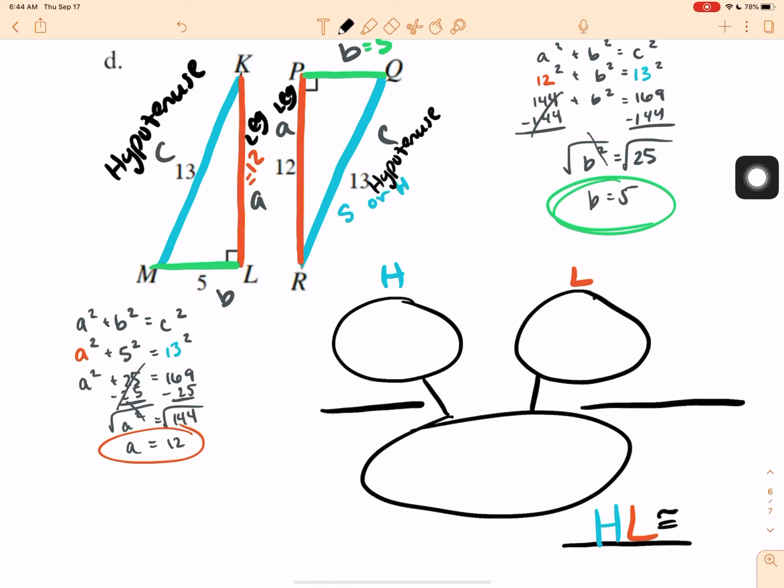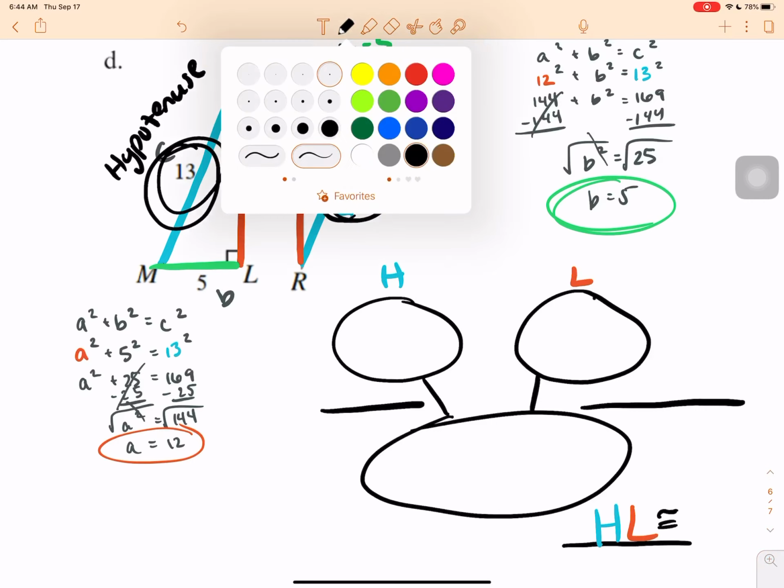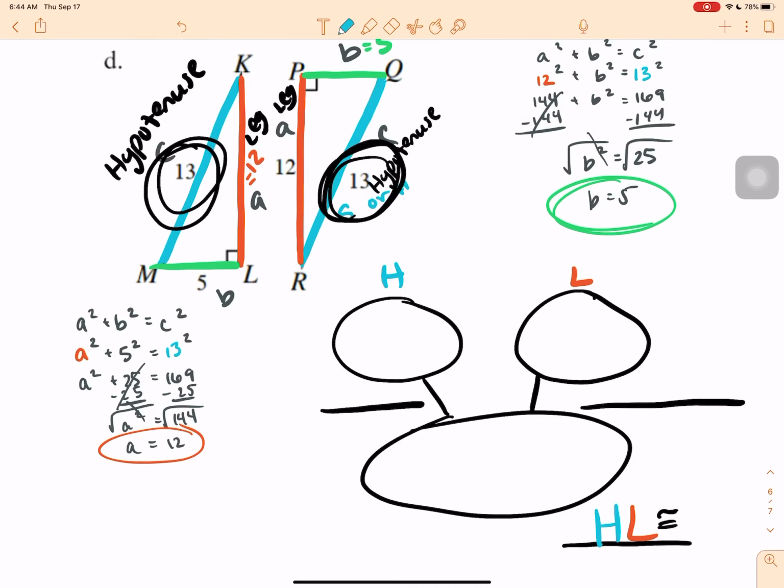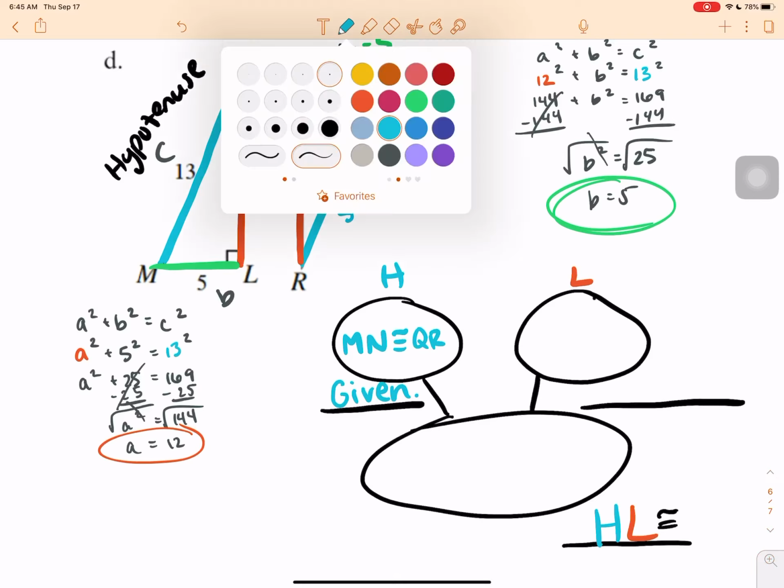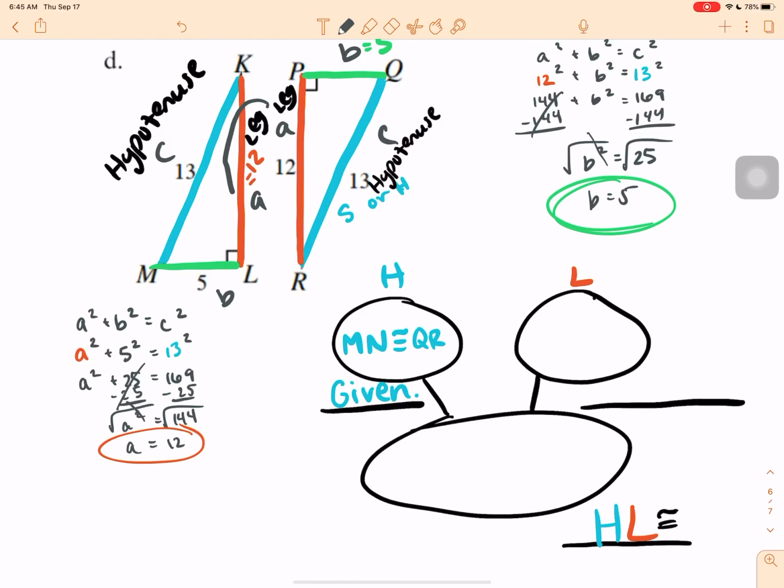The hypotenuse, the 13, we can say MN is congruent to QR, and they told us that that side length of the hypotenuse was 13. So they gave us the information. It was given.